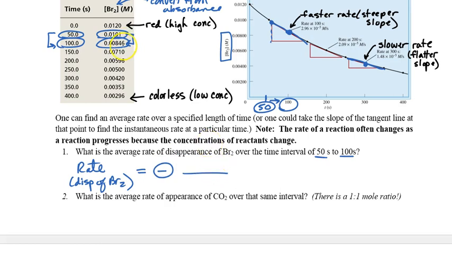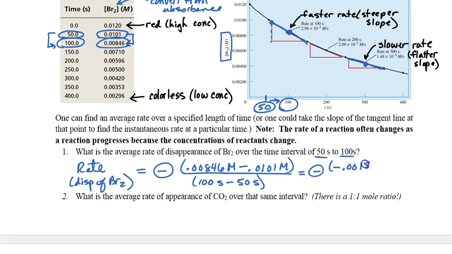The final concentration is 0.00846 molar, so final minus initial, 0.0101 molar, over final minus initial, 100 seconds minus 50 seconds. When you subtract this out, you'll still have your negative at the top. It'll come out as negative 0.00154 molar over, obviously, our 50 seconds on the bottom.